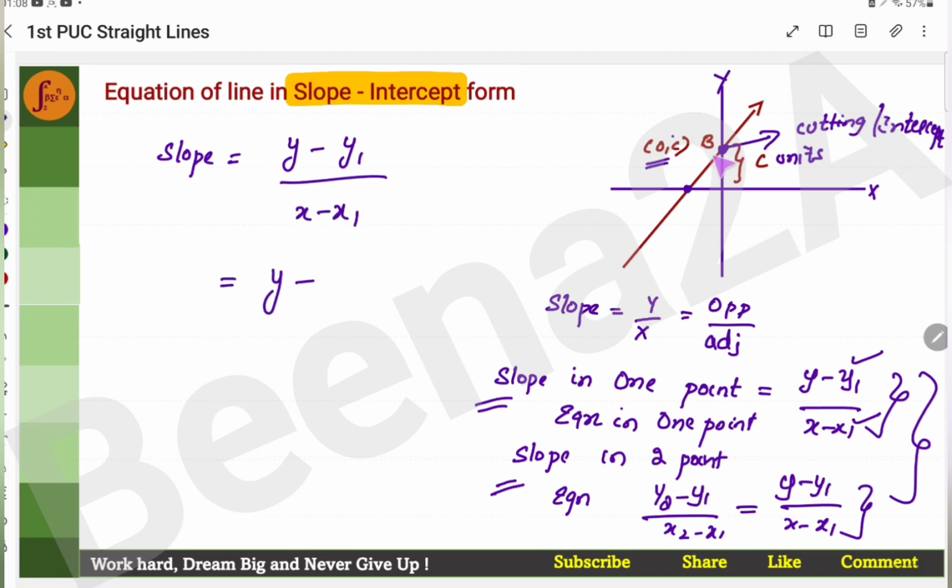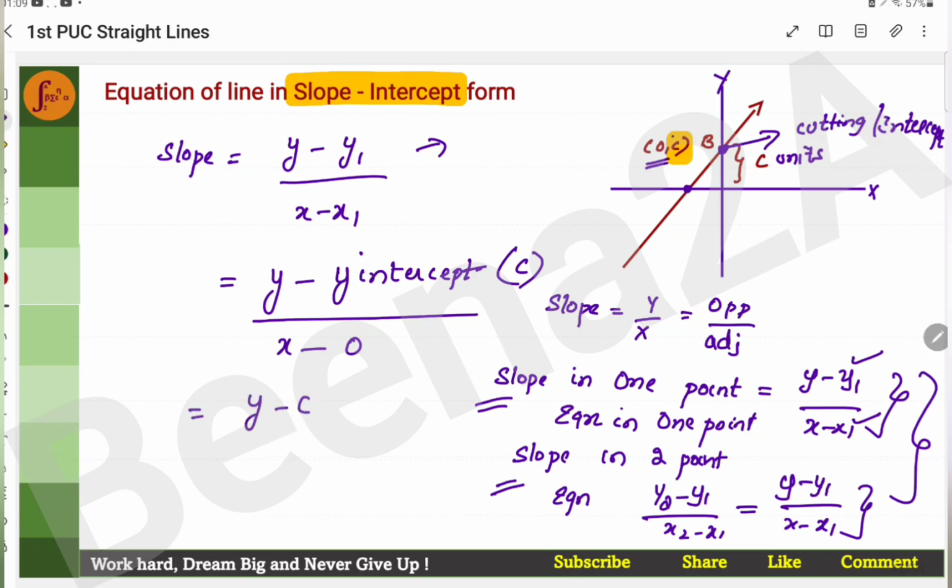What is y1 here? We are calling y1 the y-intercept here. And what is that y-intercept? C. This y coordinate is c. And x minus, what is the x coordinate here? 0. Nothing but y minus c by x, and slope is m, right?